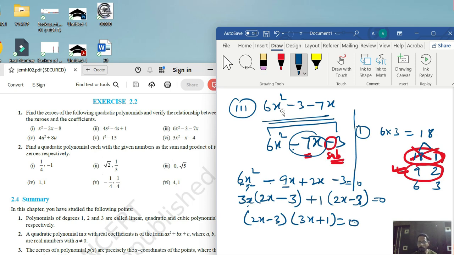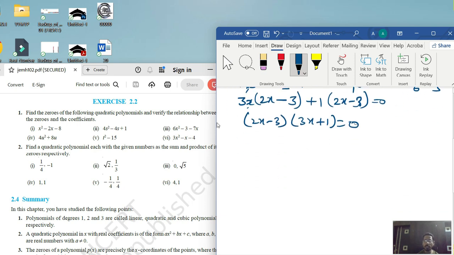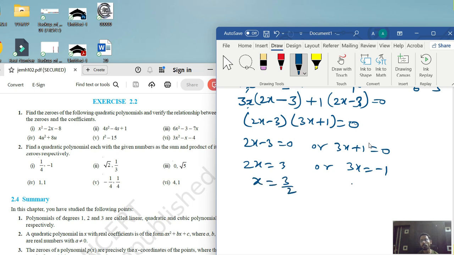Okay, now we can tell 2x minus 3 equal to 0 or 3x plus 1 equal to 0. So 2x is equal to 3, 3x equal to minus 1, x equal to 3 by 2, x equal to minus 1 by 3.